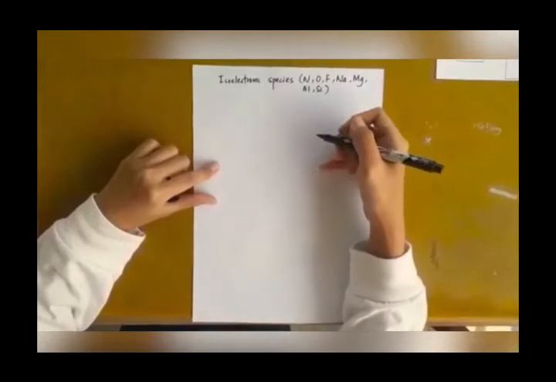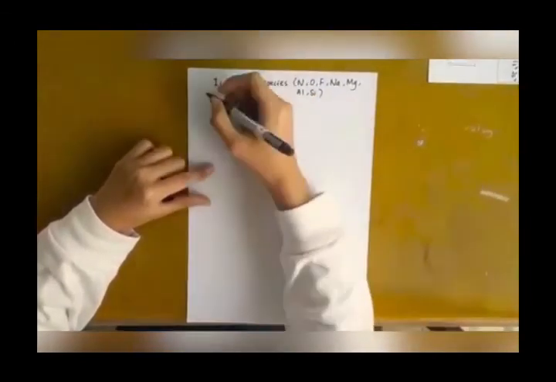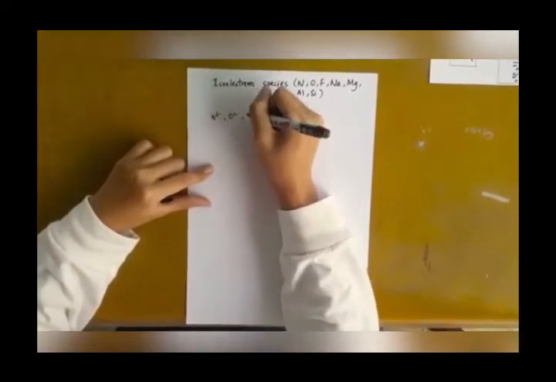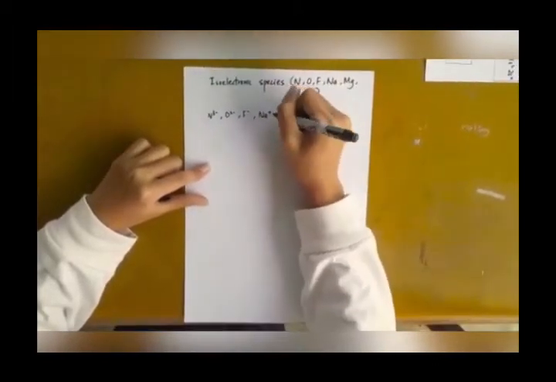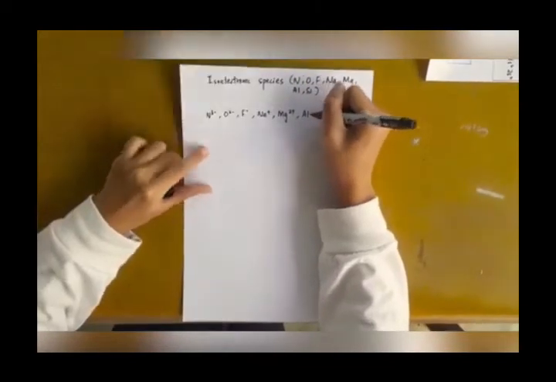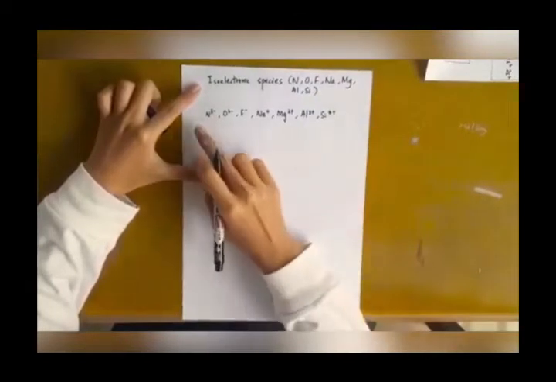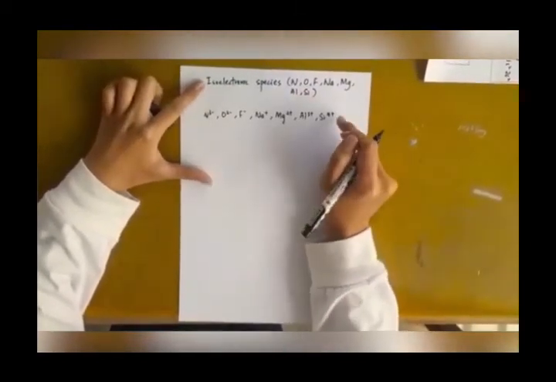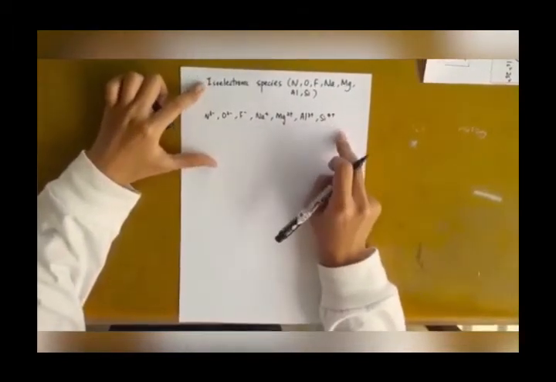So now I will write the ions for all these elements in here. So all these ions are isoelectronic species. So later on I will prove that these ions are isoelectronic species.